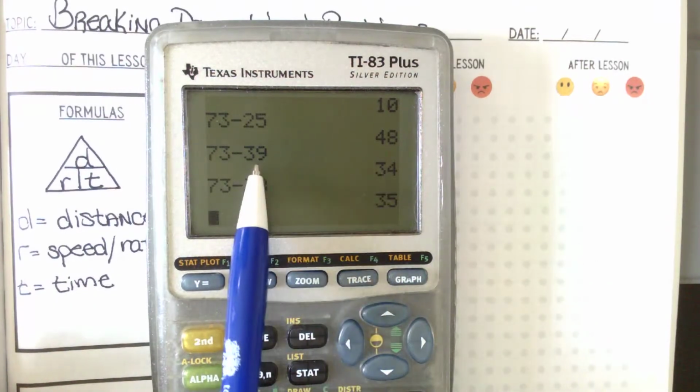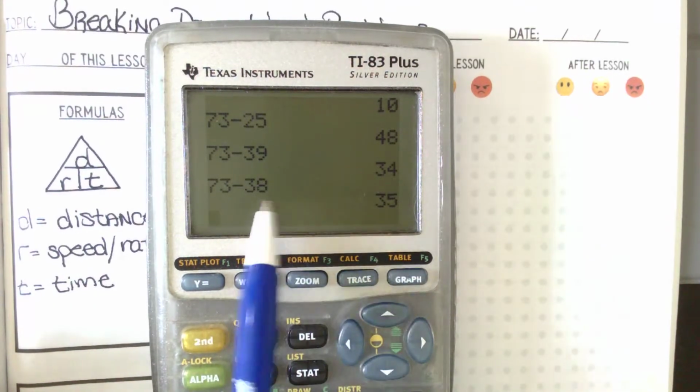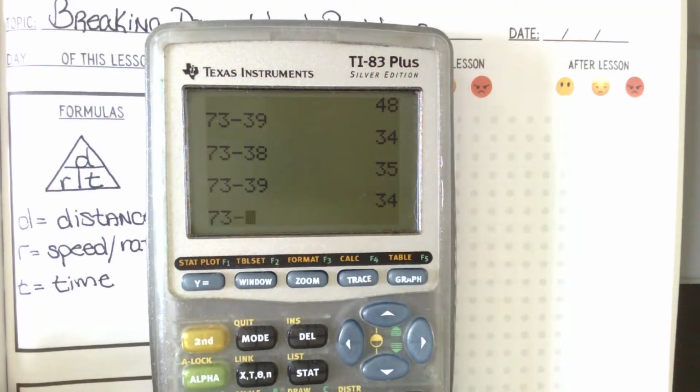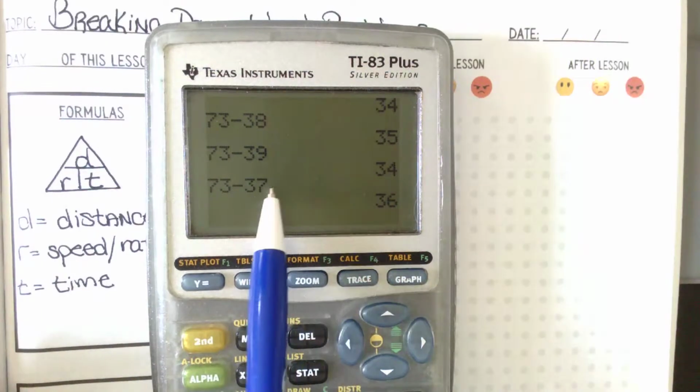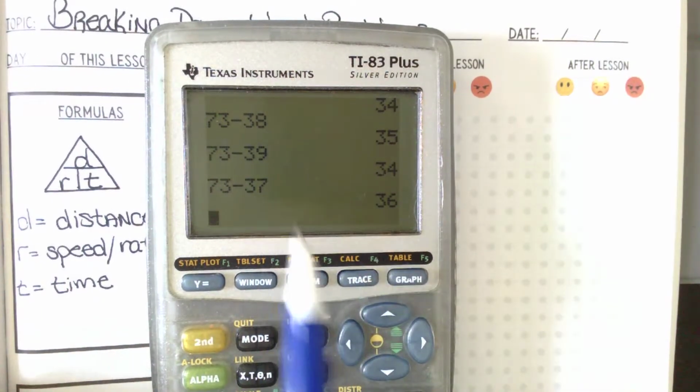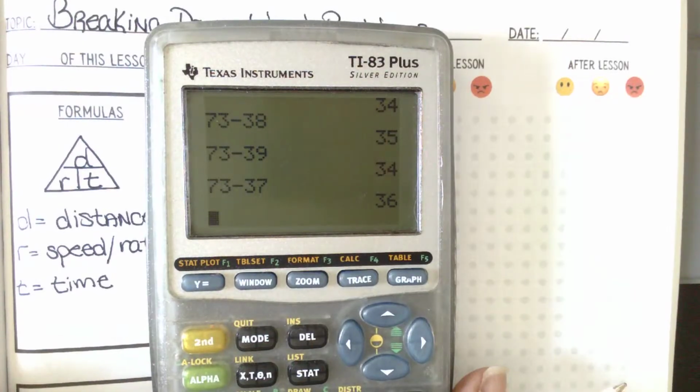Before we had a difference of 5, now we have a difference of 3. So it has to be lower. So 73 minus 37. Now we got 37 and we have 36. So we have those two consecutive numbers.